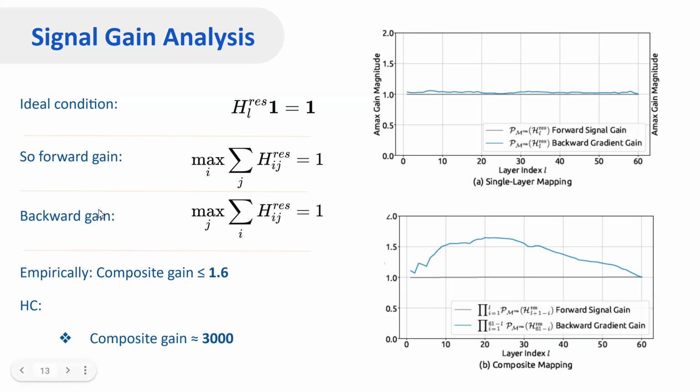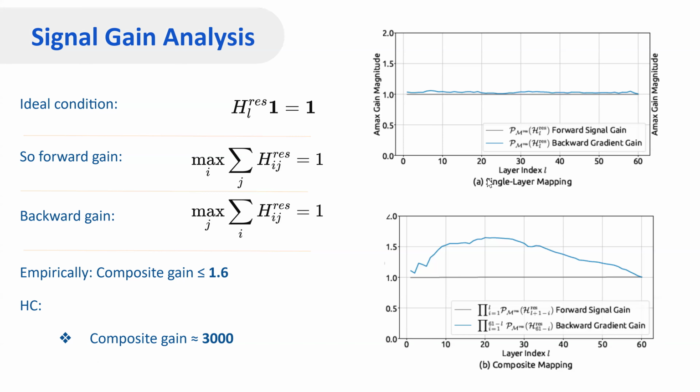And in backward gain, again in the worst case scenario, we can say that the maximum of the column sums is 1. So empirically we can say that the composite gain, that Amax thing, is less than or equal to 1.6, and in comparison with 3000 it is much better.